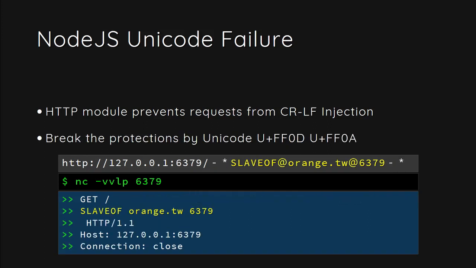But we can break the protection with the Unicode symbols FF0D and FF0A, the full-width dash and the full-width asterisk. The HTTP module cannot locate any newline in the path, but the output still folds the bytes and strips the FF. So our protocol smuggling works again.